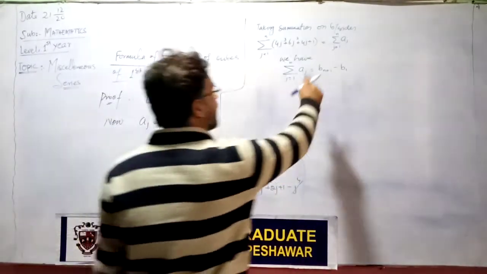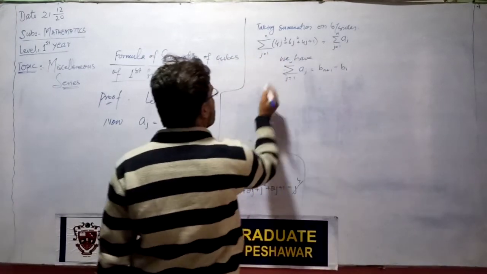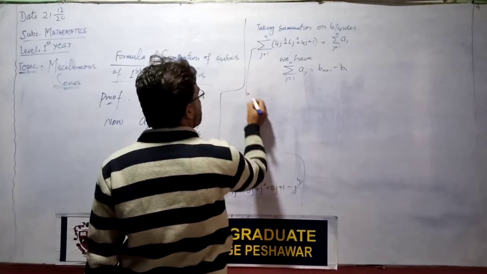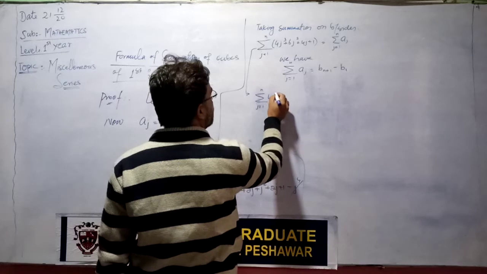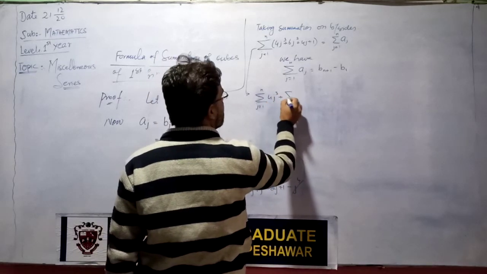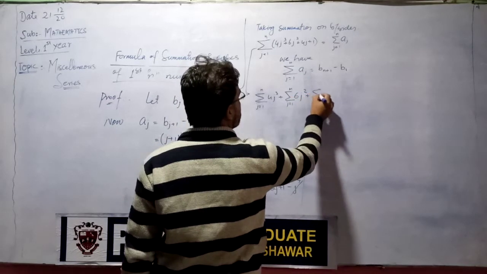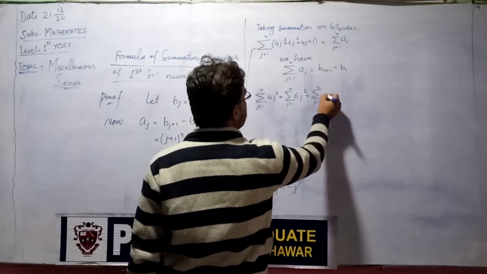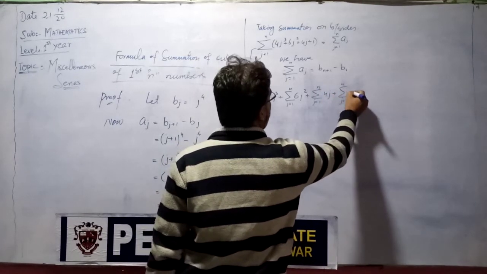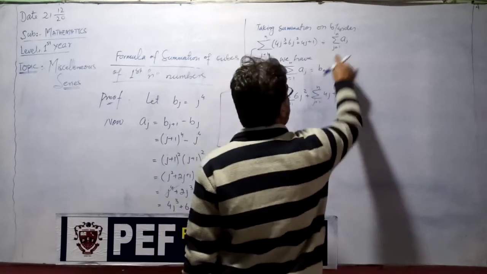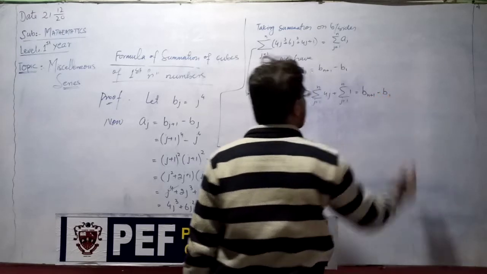So we can replace this by Bn+1 - B1, and the right side can be written as the summation of 4j^3, the summation of 6j^2, the summation of 4j, and the summation of 1, each for j from 1 to n.